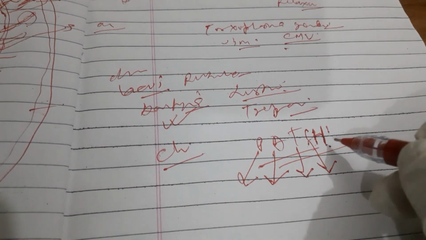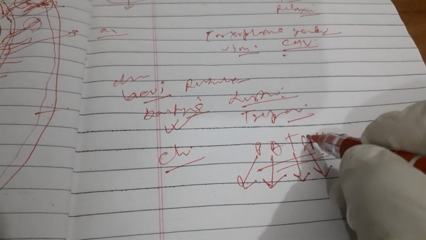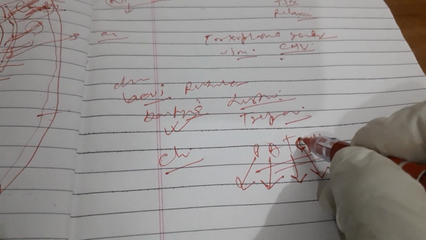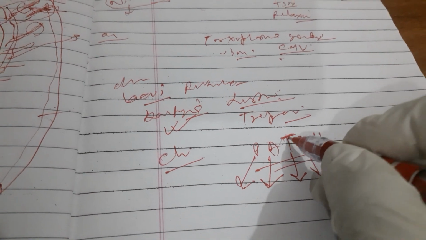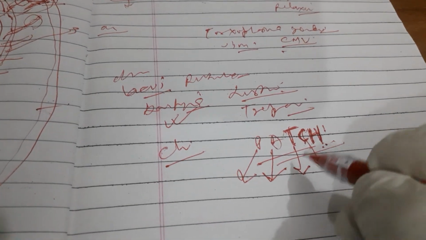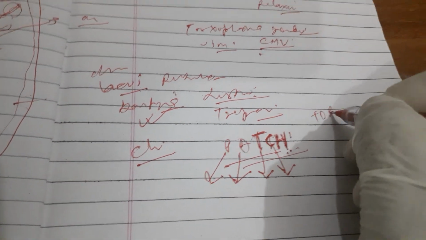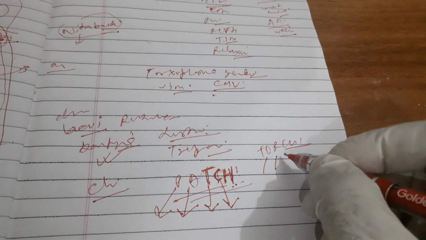When the placenta prematurely gets separated, it is called abruptio placenta. When there is infection of the chorion as well as the amnion, it is chorioamnionitis. TORCH infection includes toxoplasma, rubella, cytomegalovirus, and herpes simplex.